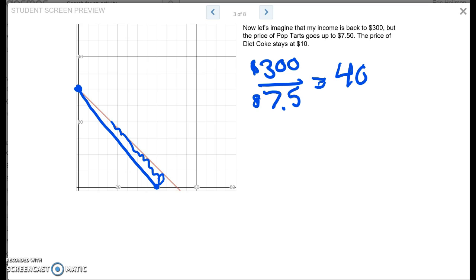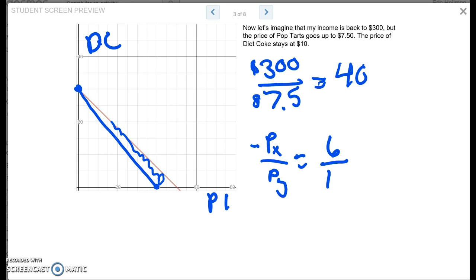And notice that the slope changed here. The original slope, remember, negative px over py. So the original slope was, we've got Pop-Tarts here, Diet Coke. The horizontal good is Pop-Tarts. So originally the slope was negative 6 over 10.